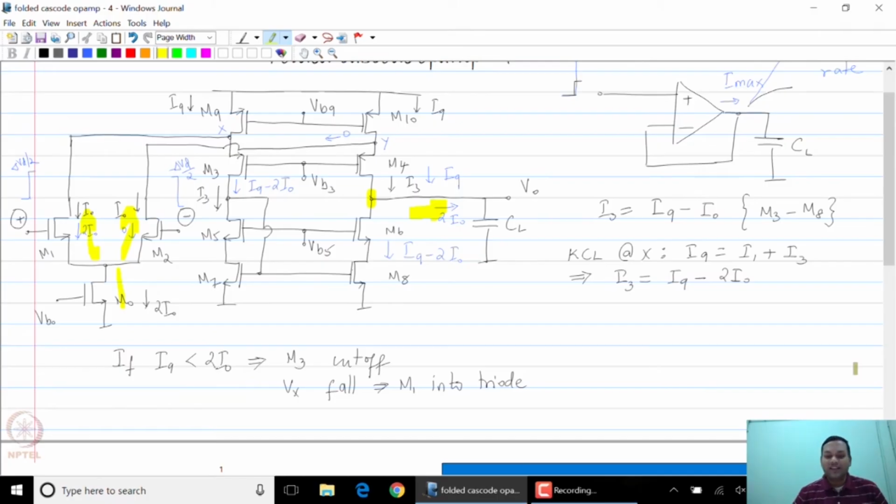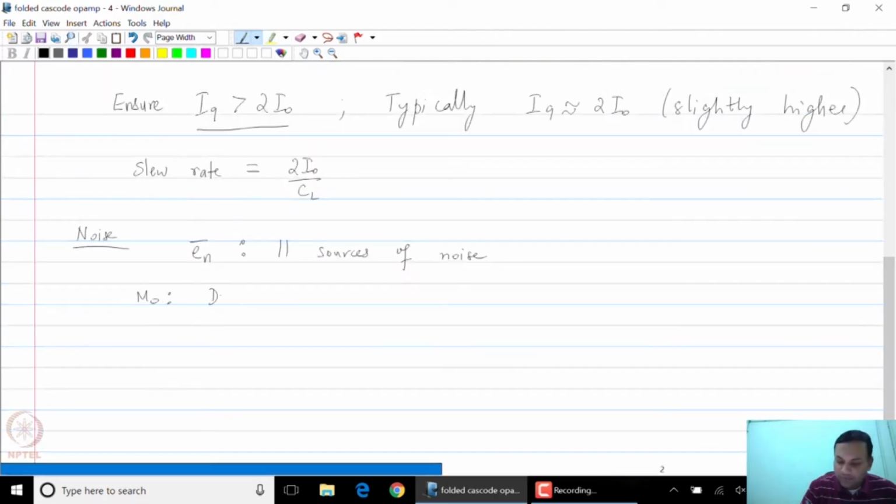Either one of these will give you the same answer. So noise of M0 goes through identical paths, especially at low frequencies, and therefore gets cancelled. You assume that the two paths are identical.